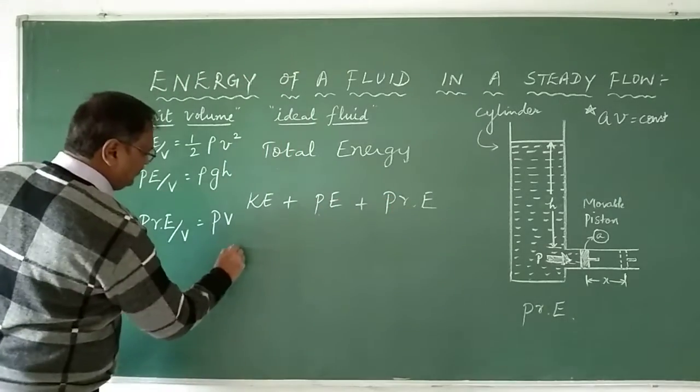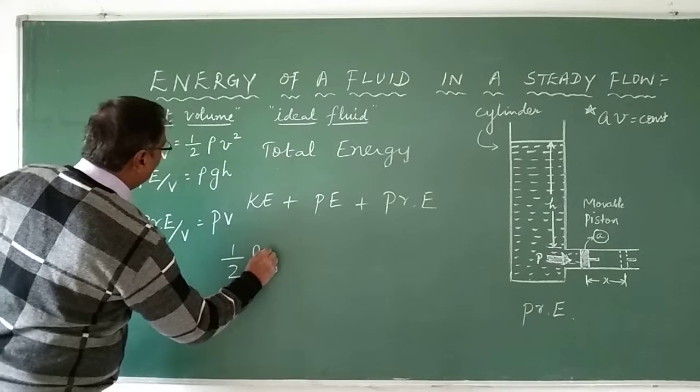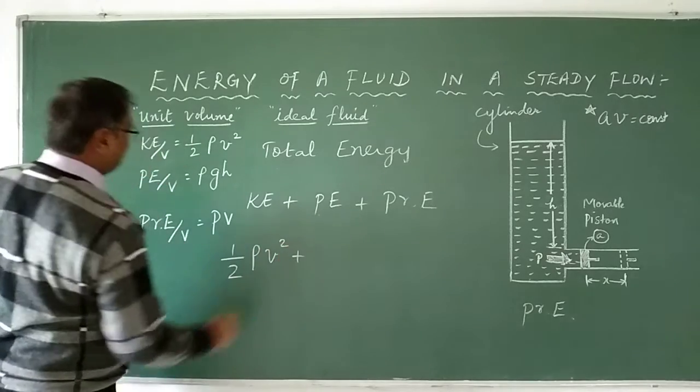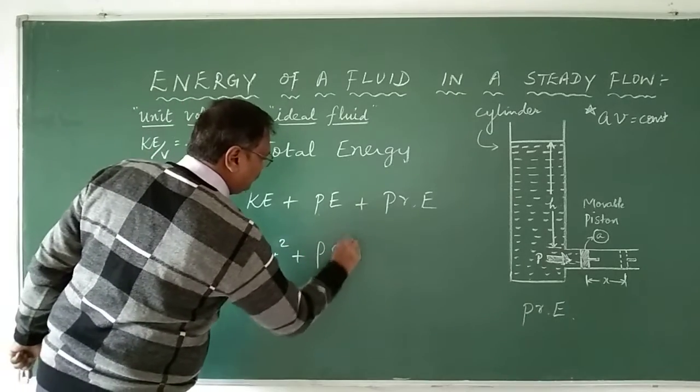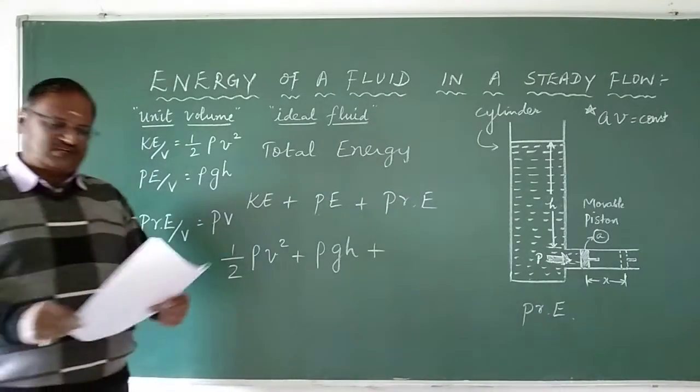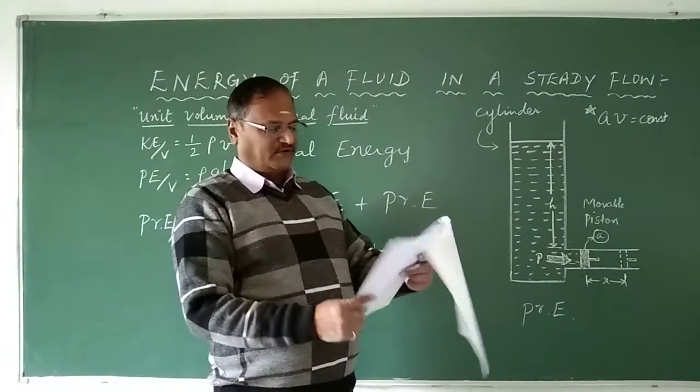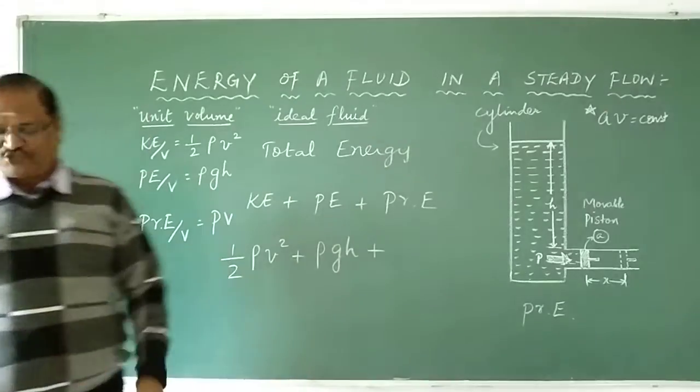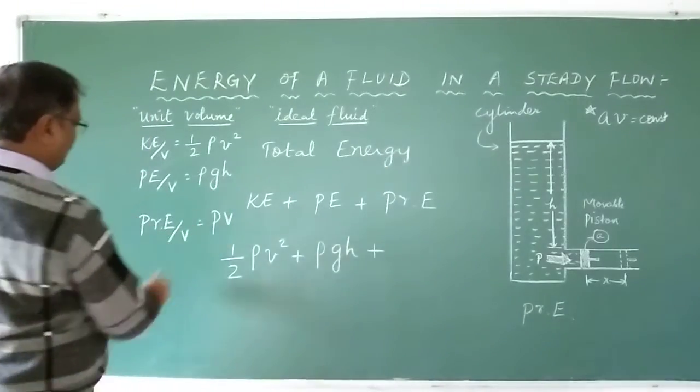Kinetic energy is half rho V square, plus rho G H, plus, just let me cross check a point here.